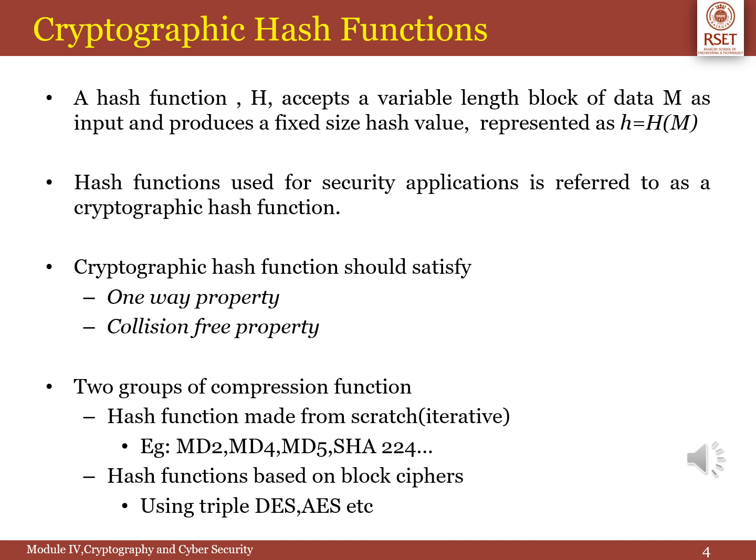A hash function h accepts a variable length block of data m as input and produces a fixed size hash value, which could be represented as small h is equal to capital H of m, where capital H stands for the hash function and small h stands for the hash value.